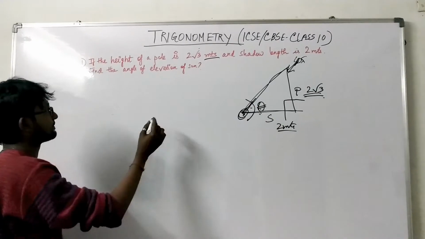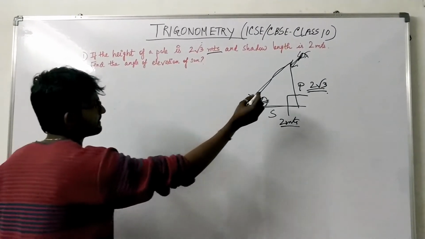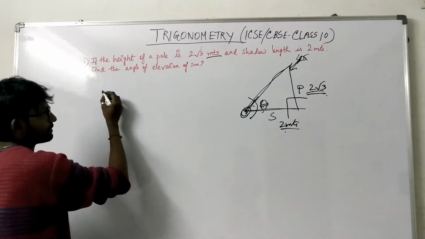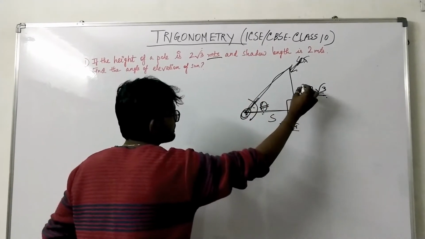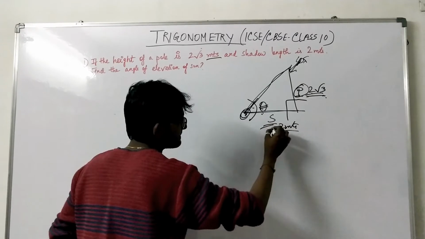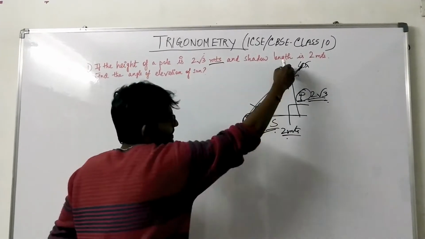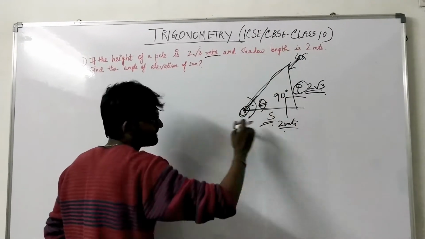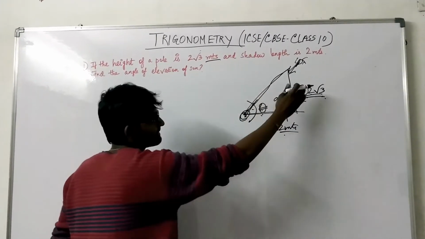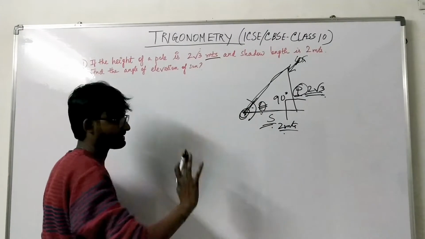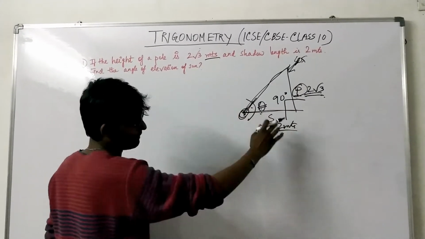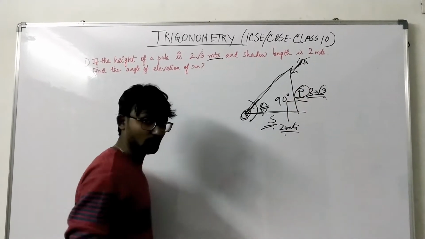So here 2 root 3 and 2 meter are over here. Perpendicular is given over here, this is 90 degree, and this is the base of this right angle triangle, if I consider this as the pole and this as the shadow. So perpendicular and base, we know the values.